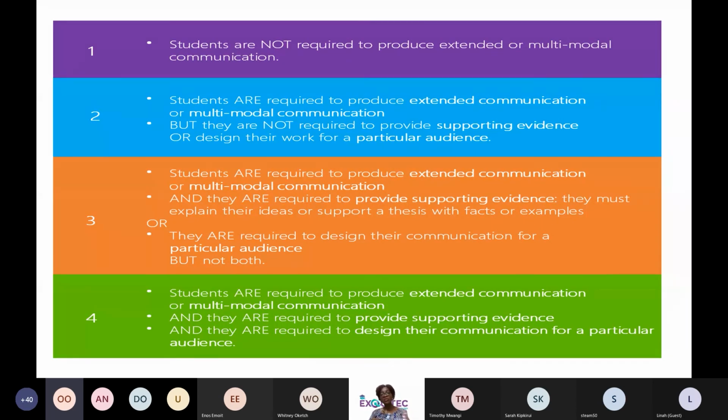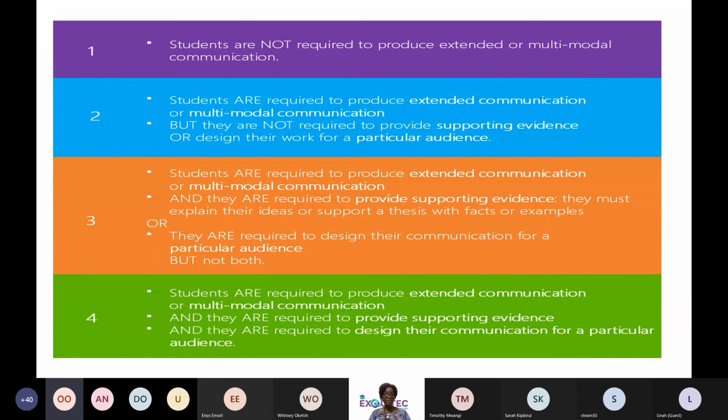When you have both of them in the particular activity, then you are at level 4, which is the highest point for skilled communication. So they're producing extended communication and multimodal communication using different kinds of media in building their content, and then they are required to provide supporting evidence.